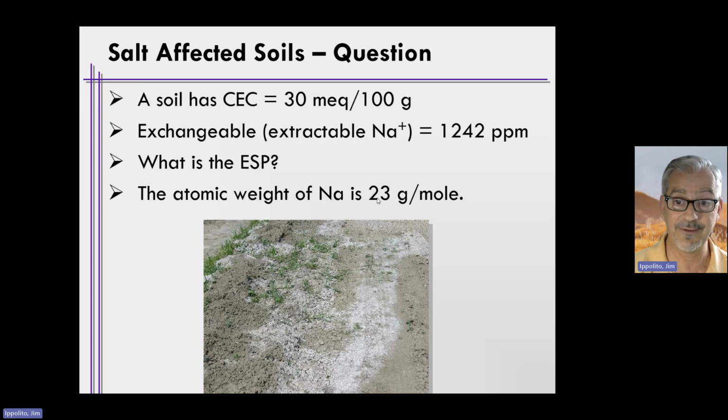If you went to the periodic table, it has an atomic weight of 23 grams per mole. So let me share with you the math on how you determine ESP. And we're going to keep this simple because you see or note that the CEC is already in the units that we need for determination of exchangeable sodium percentage, but sodium is not.